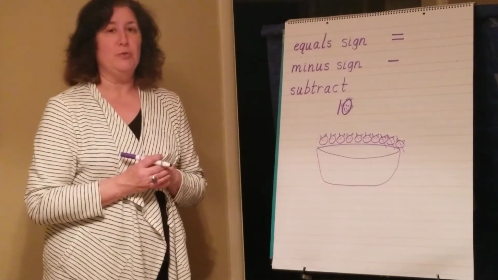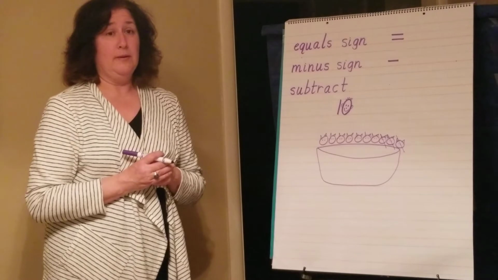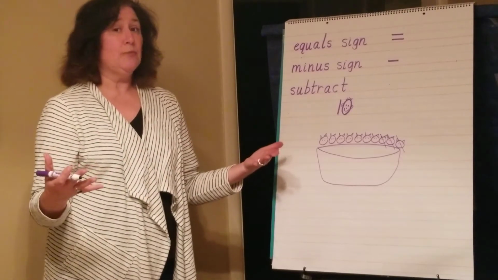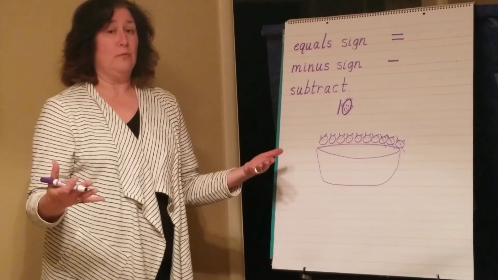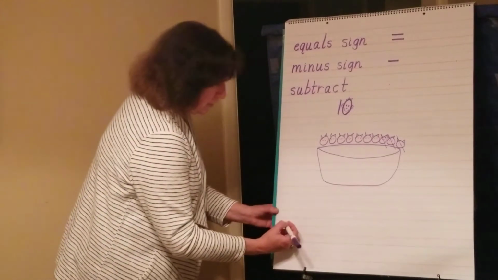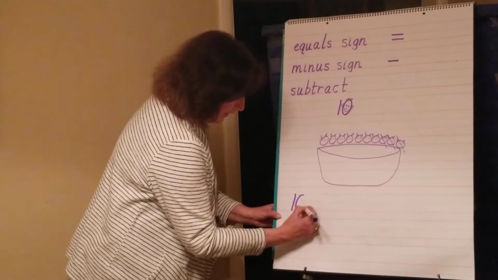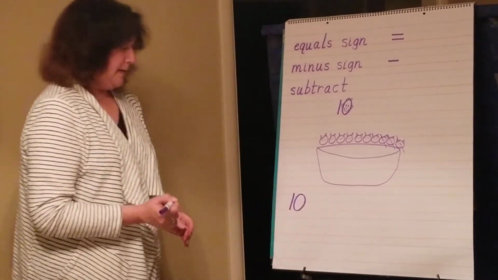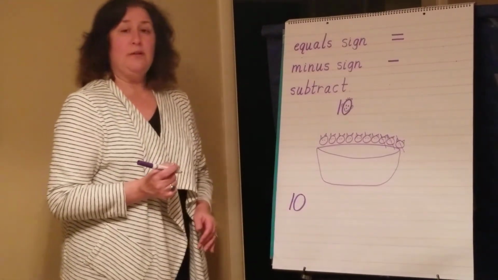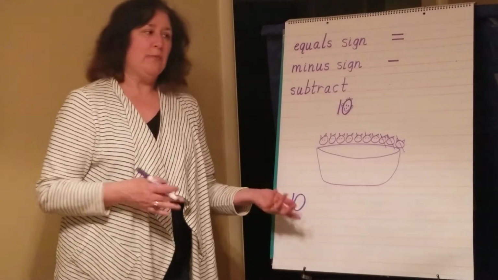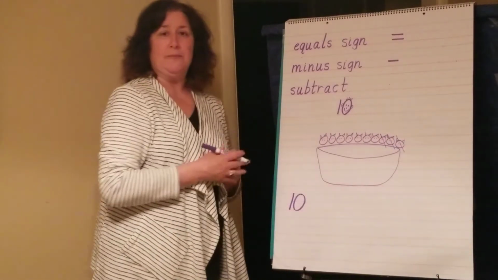What number would you start with? How many kittens did we start with? We started with 10. So our number sentence is going to start with the number 10. And then, did we take away some kittens, or did we add more kittens into the basket?